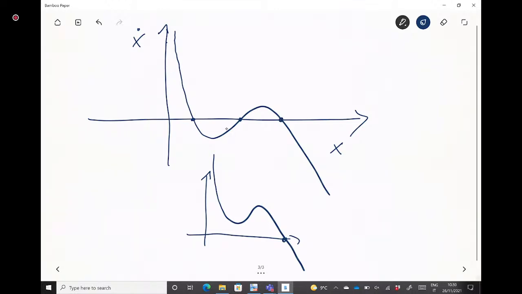We can characterize, this is called x star lower, x star upper, and x star for short. 3 steady states. Okay, which are or is stable and which are or is unstable? This one is stable. This one is stable.